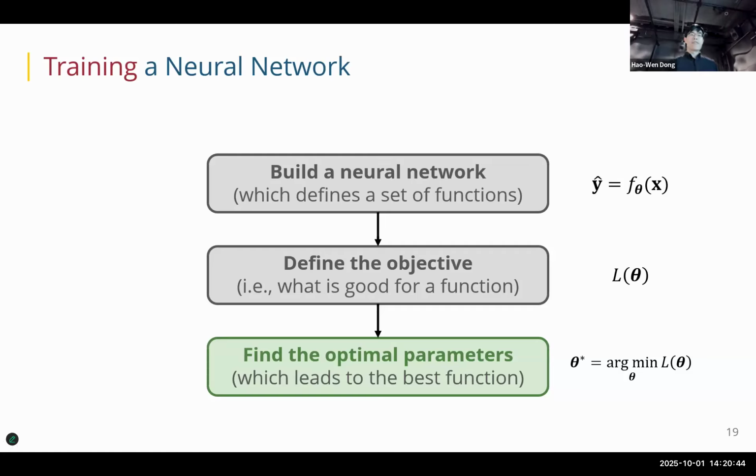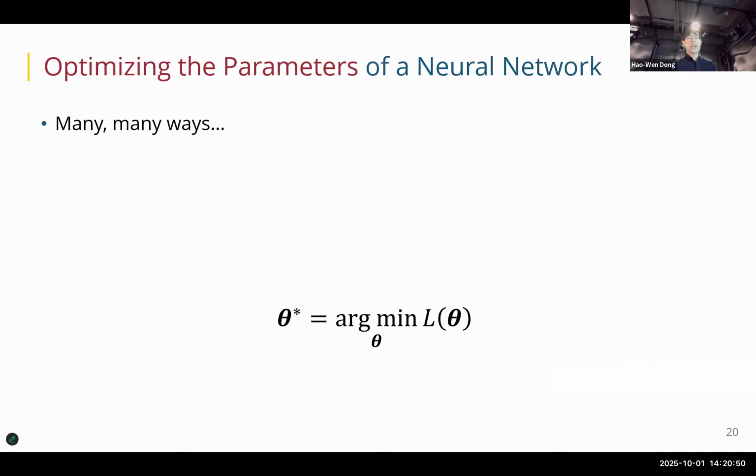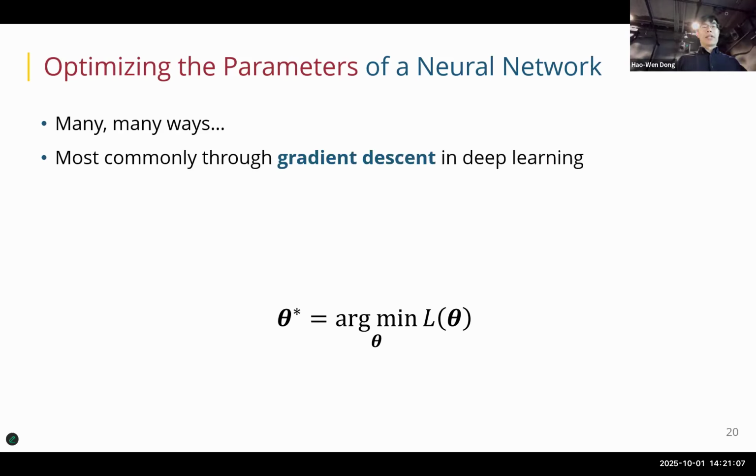Cool. So in the next few slides, we'll talk about how we can do this. There are actually many, many ways to optimize the parameters of a neural network. Gradient descent and all the things we will talk about, nowadays people are mostly using gradient descent, but that's just one way of optimizing the parameters. That's important because people always thought gradient descent is the only way, but that's not true.